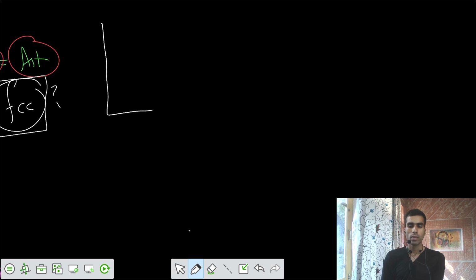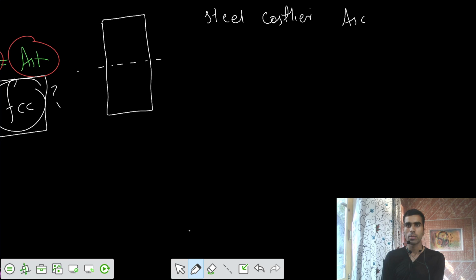We say that steel is costlier. You already know steel is costlier. We want to place that compression steel closer to the extreme fibers, such that strain ESC is more.